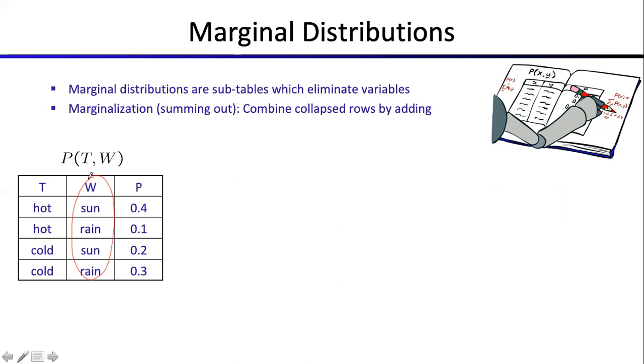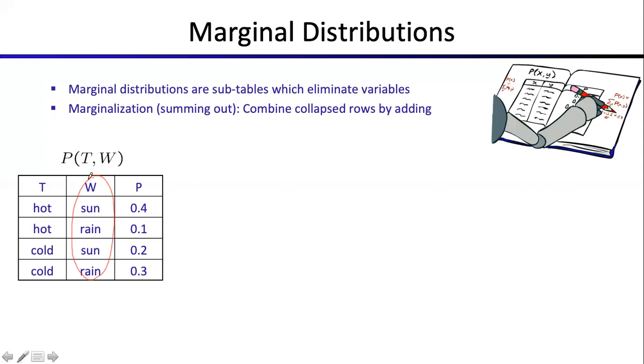ठीक है. तो जिस variable को मैंने खत्म करना है, what I can do is that I can collapse or sum out over that particular variable, और उसको marginalize कर सकता हूँ, उसको मैं eliminate कर सकता हूँ from my table by collapsing rows pertaining to that particular variable जिसको मैं eliminate करना चाहता हूँ.